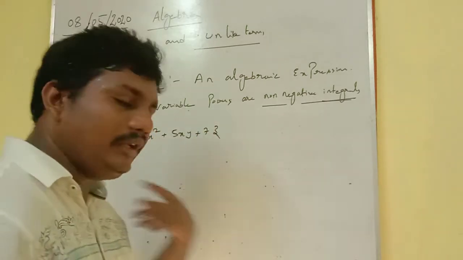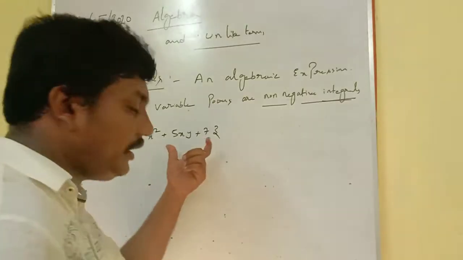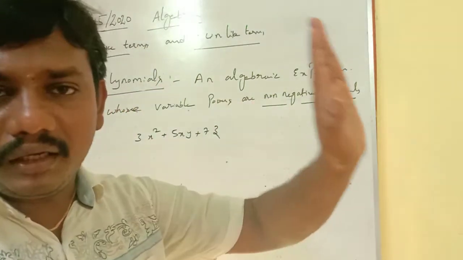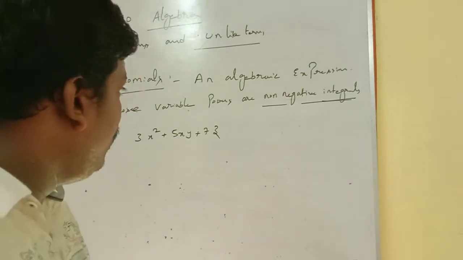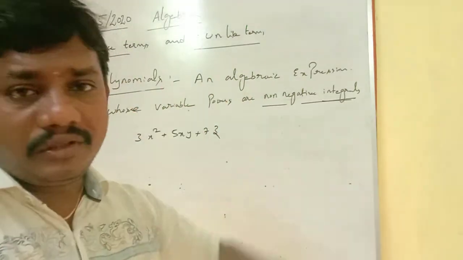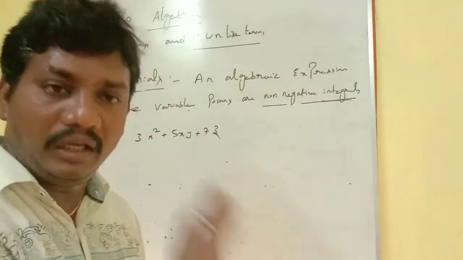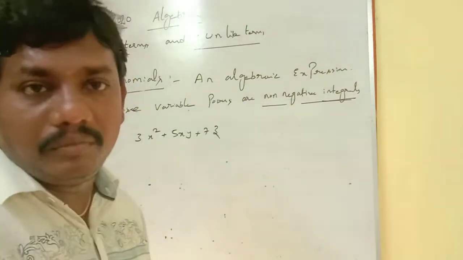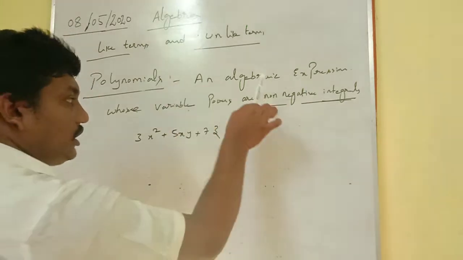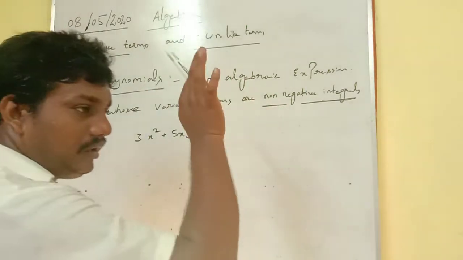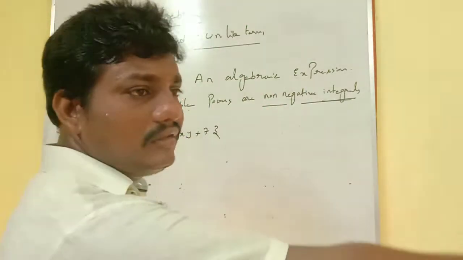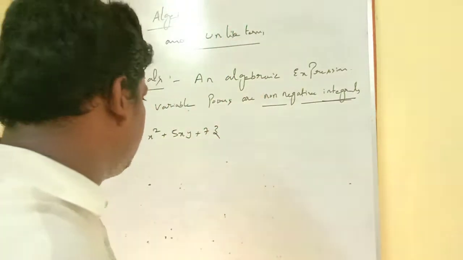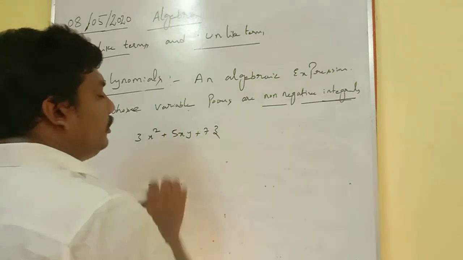This is a polynomial and also it is an algebraic expression. Yes, every polynomial is an algebraic expression, but every algebraic expression need not be a polynomial, because an algebraic expression whose variable powers are non-negative integrals is only called a polynomial.